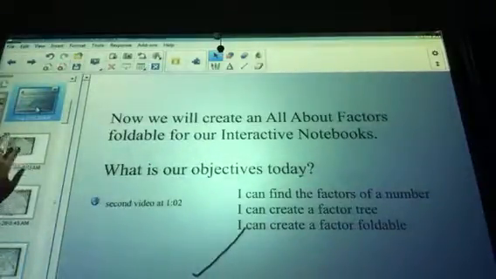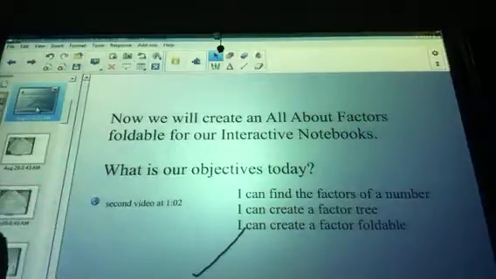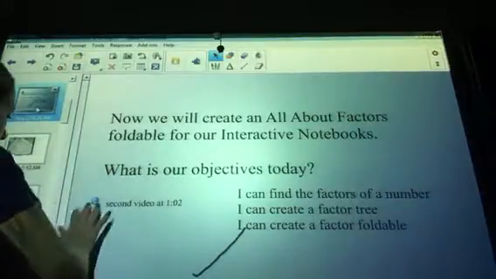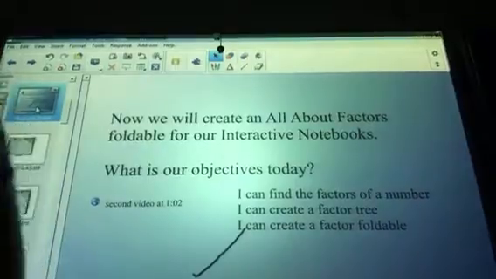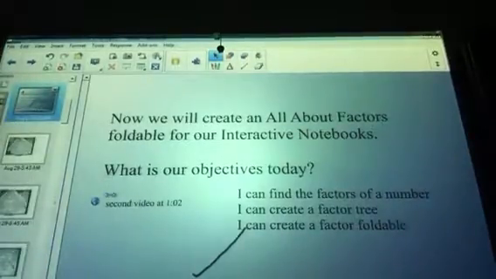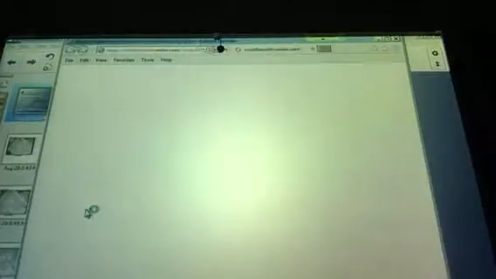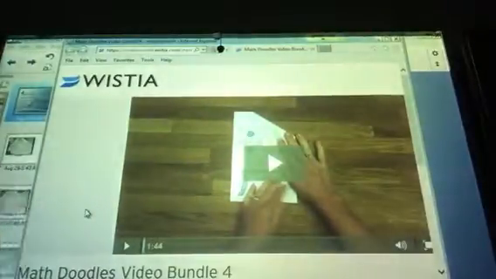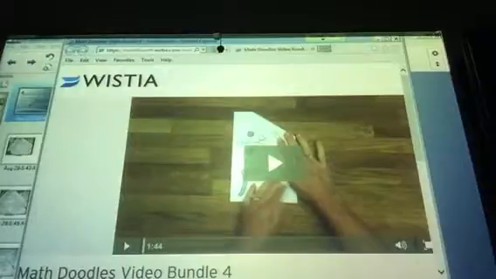And if you can't find it, I'm going to play it for you right here, I hope. All right, get ready to make your foldable.